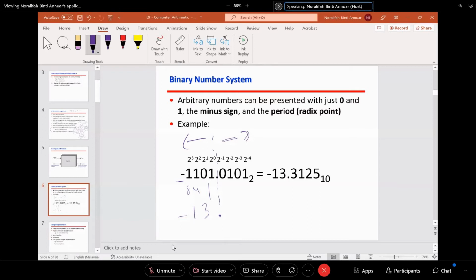So you start with position 1, 2, 3, and 4. You don't start with 0 after the floating point here. So 1 divided by 4 plus 1 to the power of 4 is 16. So you will get this in decimal lah. Kalau dalam bentuk 0 hingga 9 is a decimal representation. So you get this. So you carry the sign.